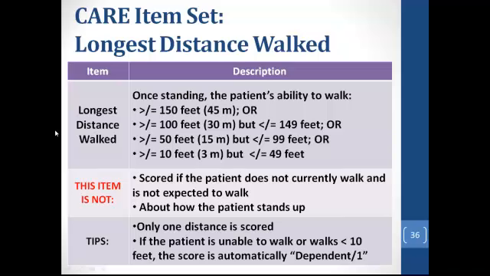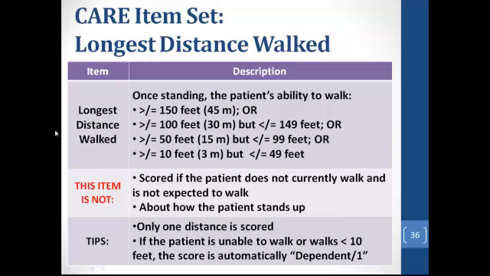So let's look at the longest distance walked item first. The item is defined as, once standing, the patient's ability to walk greater than or equal to 150 feet, or greater than or equal to 100 feet, but less than or equal to 149 feet, or greater than or equal to 50 feet, but less than or equal to 99 feet, or greater than or equal to 10 feet, but less than or equal to 49 feet.